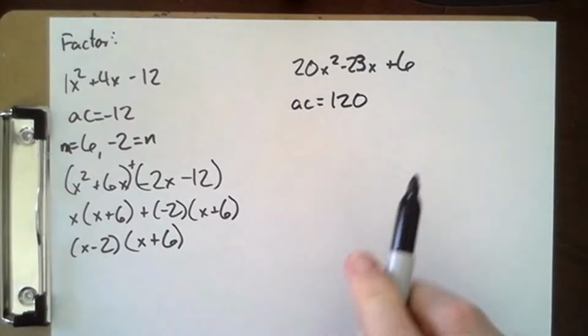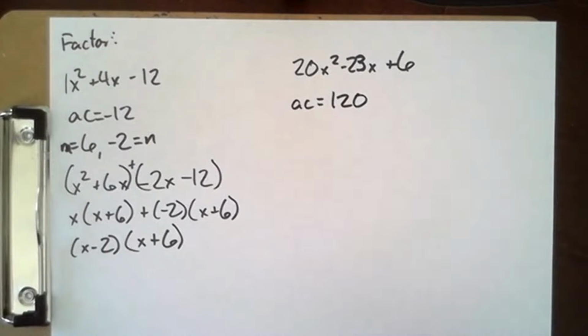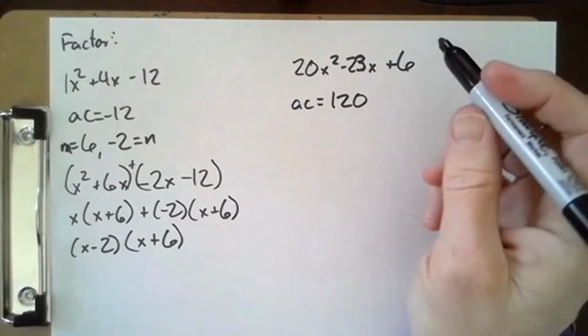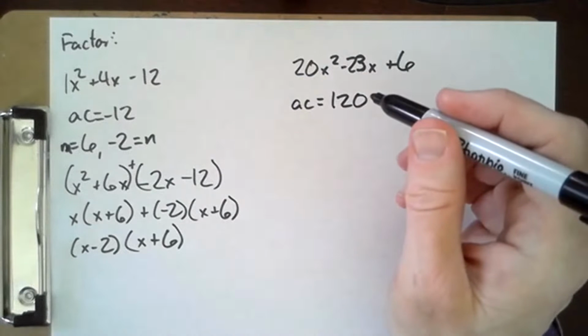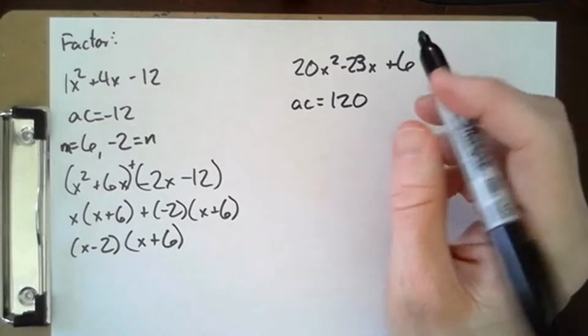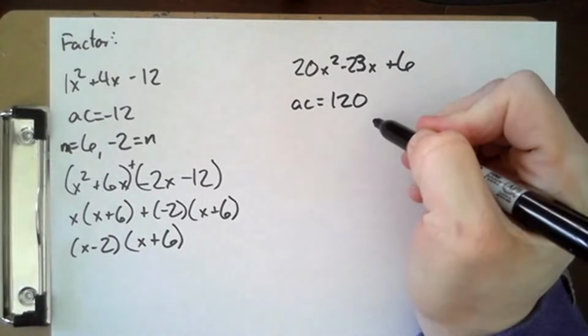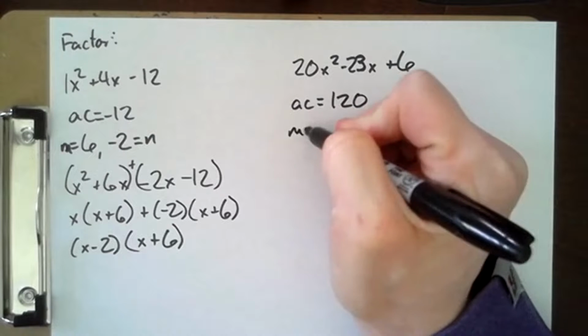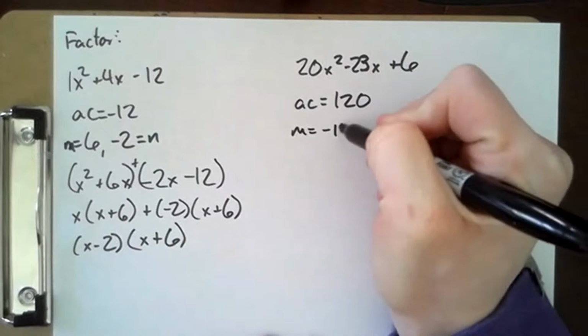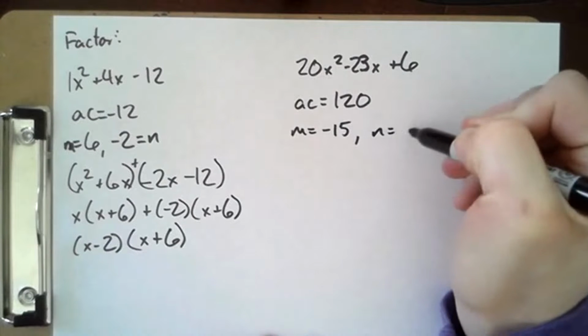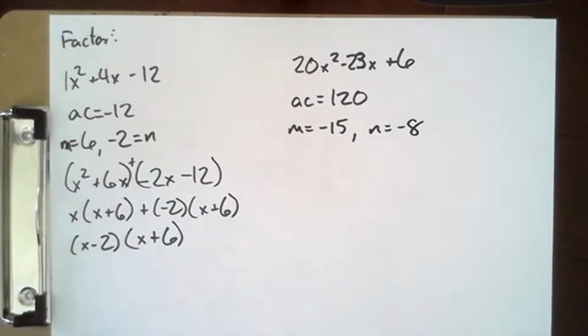We are looking for two numbers, and specifically two negative numbers, that will add to negative 23. We think about that for a moment, and we come up with m equals negative 15, and n equals negative 8.